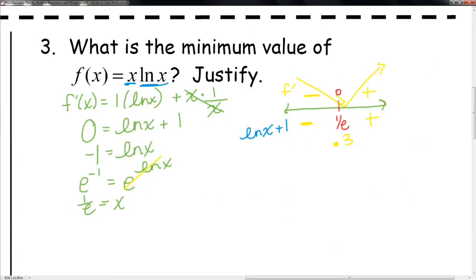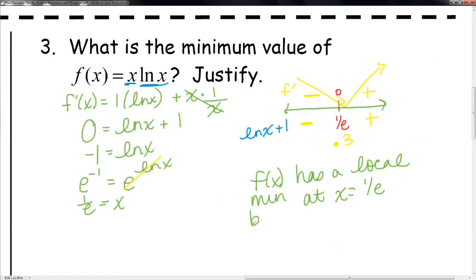And so f of x has a minimum at x equals 1 over e, because f prime goes from negative to positive.